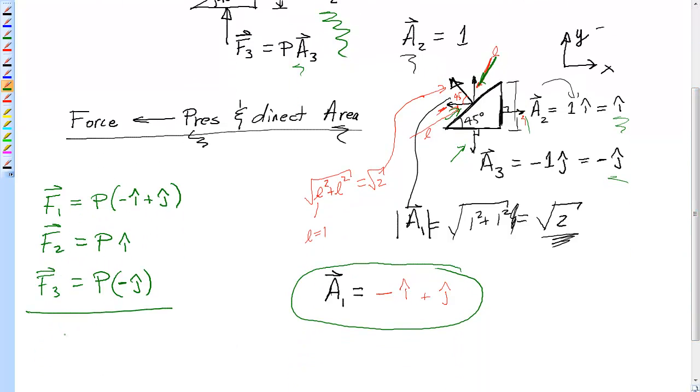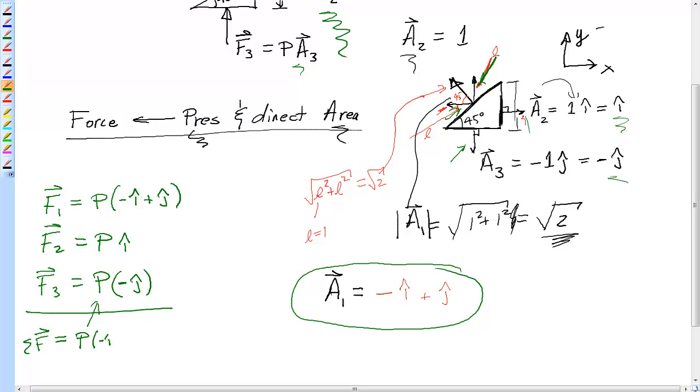Now in statics, we do something that's just sum of the forces equal to 0. But we don't know that that's necessarily 0. Let's just take a look at it. So let's sum the vectors here. We're just adding F1, F2, and F3, essentially adding the right-hand sides. So the sum of the forces would be P times minus i plus j, plus P times i, plus P times minus j.